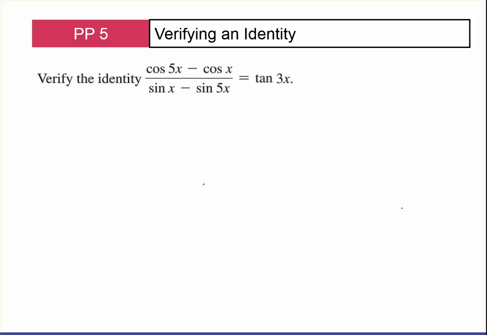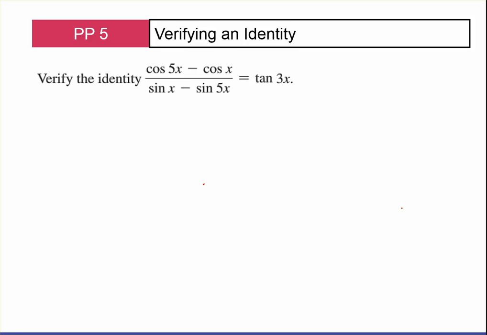We have to prove that the left side is the same thing as the right side. All right, so let's go for it. I'll give you guys a little bit of a head start.